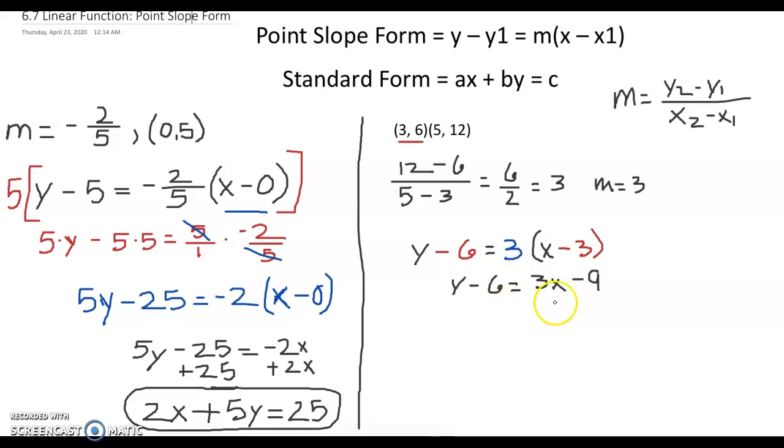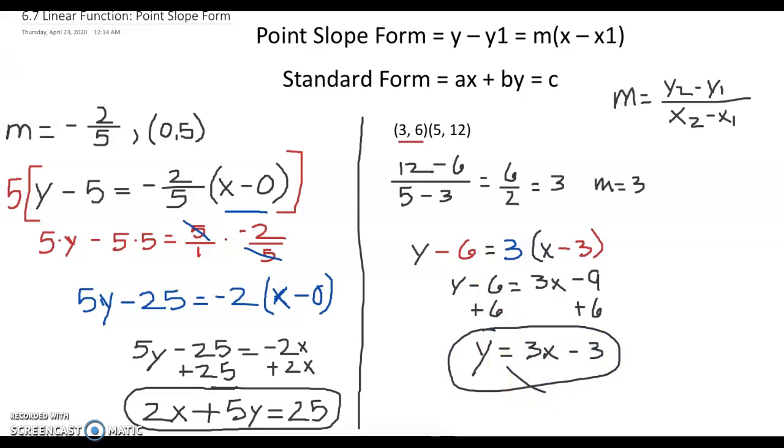Here we go. We're going to go positive 6, so excuse me, negative 9 plus 6. Our final answer, because we want to convert it into slope intercept form, is y equals 3x minus 3. How do I know this is slope intercept form?